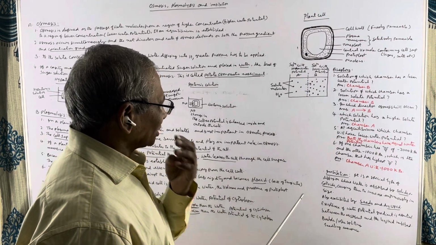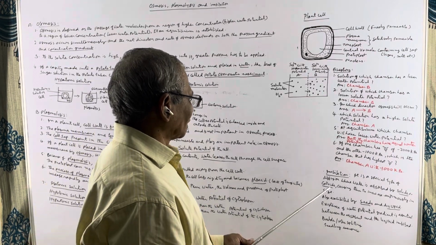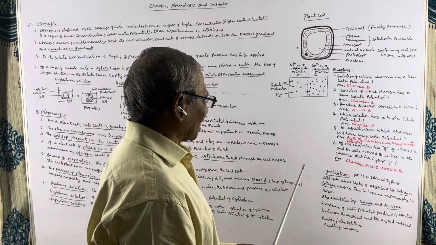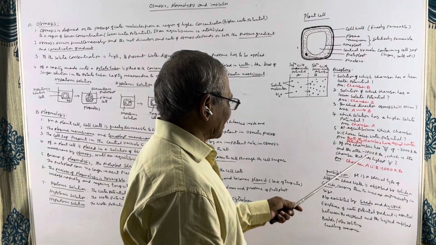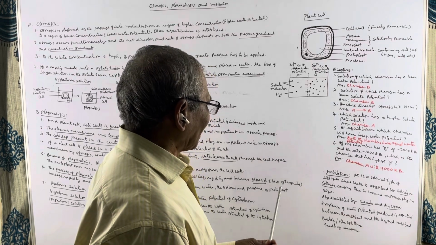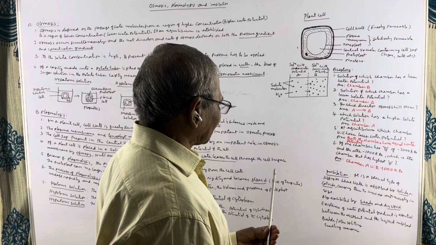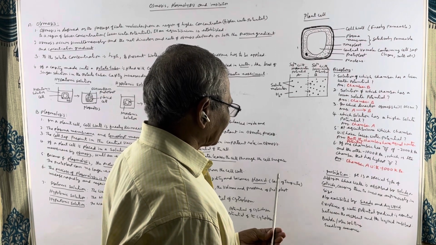So the answer is both chambers have equal water potential. The last question. If one chamber has a water potential of minus 2000 kilopascals and the other has minus 1000 kilopascals, which is the chamber that has the highest water potential?